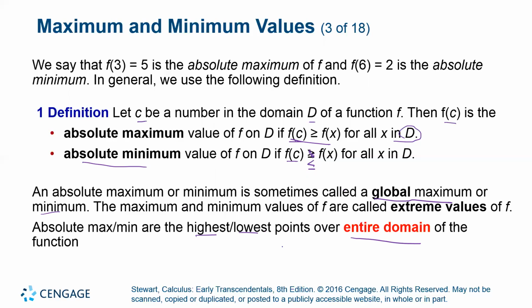So if a function is defined between negative infinity and positive infinity, and we pick the highest point, it is called the absolute maximum, and the lowest point is called the absolute minimum. Another terminology is global. So if I say global minimum or global maximum, I'm referring to the absolute minimum or maximum values.